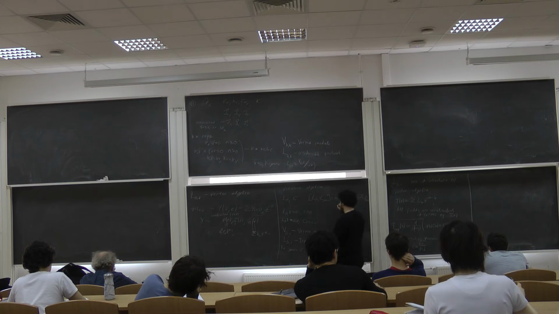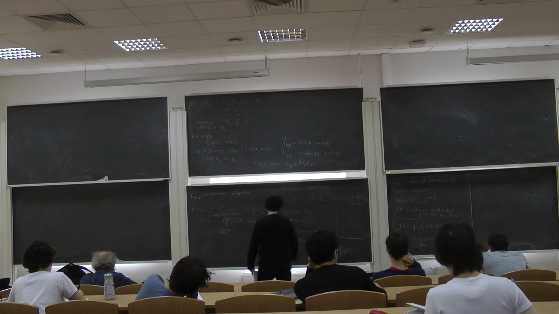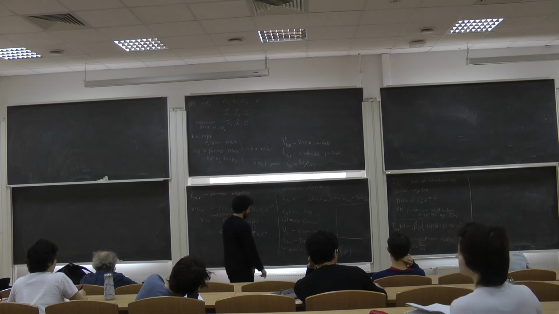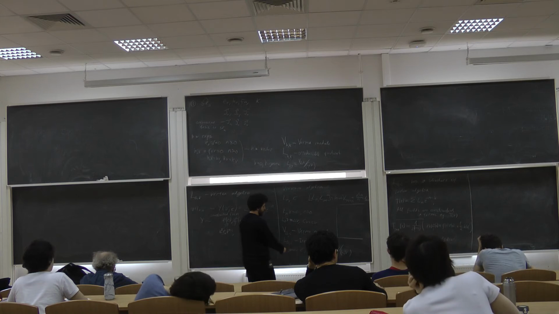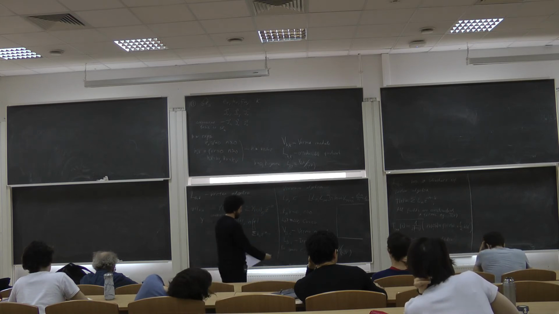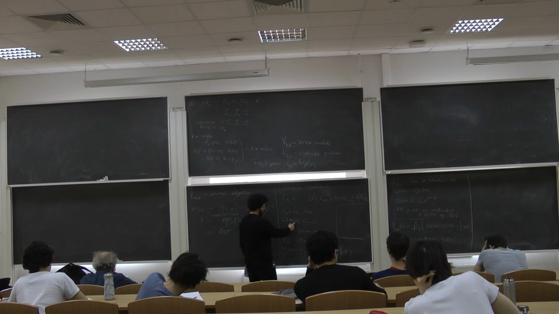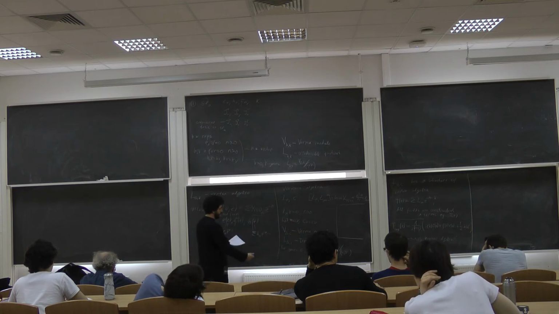Let me introduce a bit more notation for the Virasoro case. It is sometimes convenient to parameterize Virasoro representations not by delta, the so-called conformal dimension, and central charge C, but somehow solve quadratic equations.